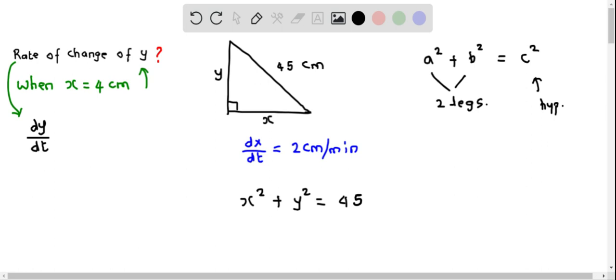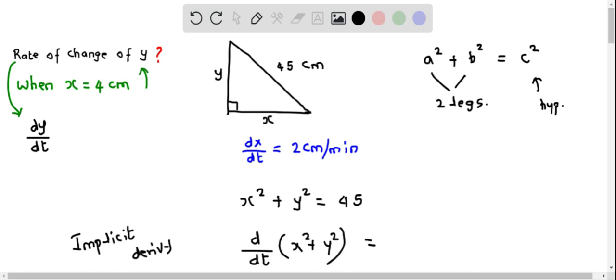Now since both x and y are changing at a certain point of time, we can find their derivatives. We are going to do the implicit derivative. This implies the derivative of x squared plus y squared with respect to time, and on the right side the derivative of 45 with respect to time.